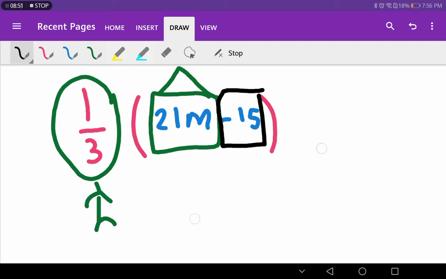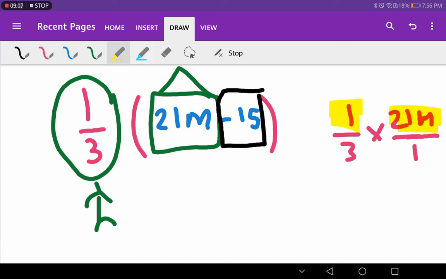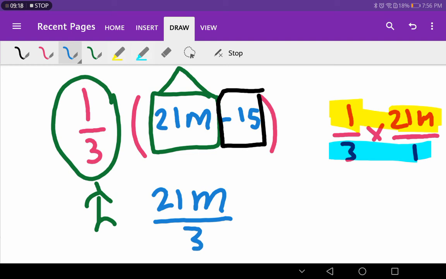Let's go. 1 over 3 multiply 21m. Is it hard? No. It looks like 1 over 3 multiply by 21m over 1. Up with up, down with down. So tell me. Yes, it will be 21m over 3.